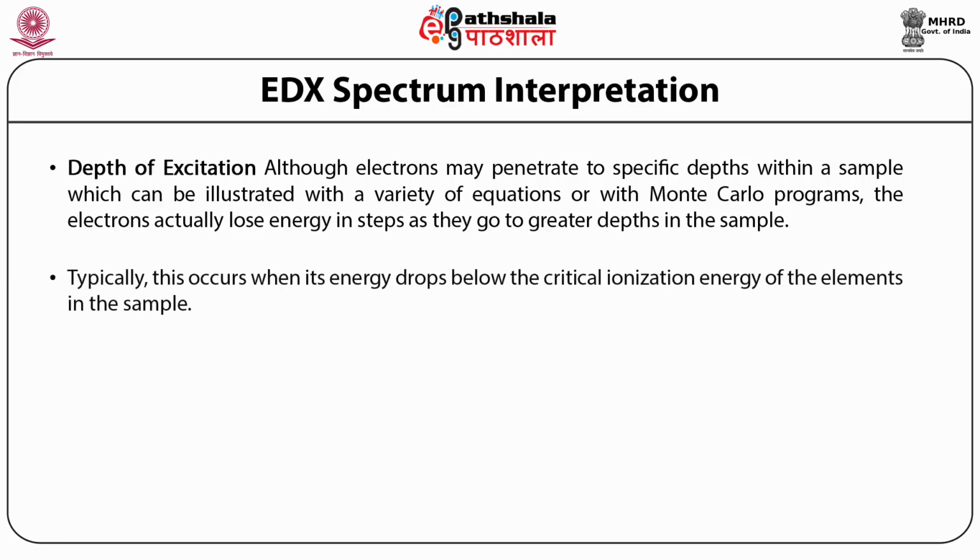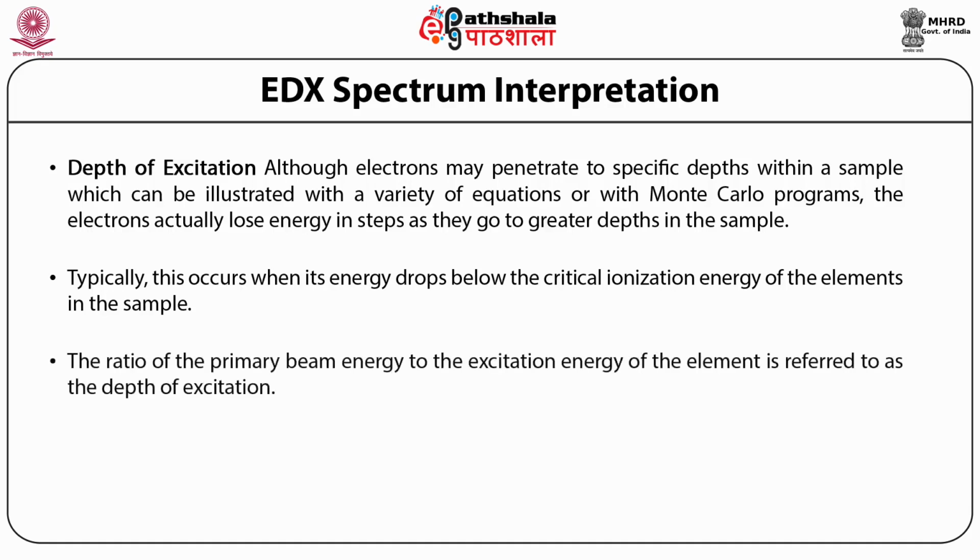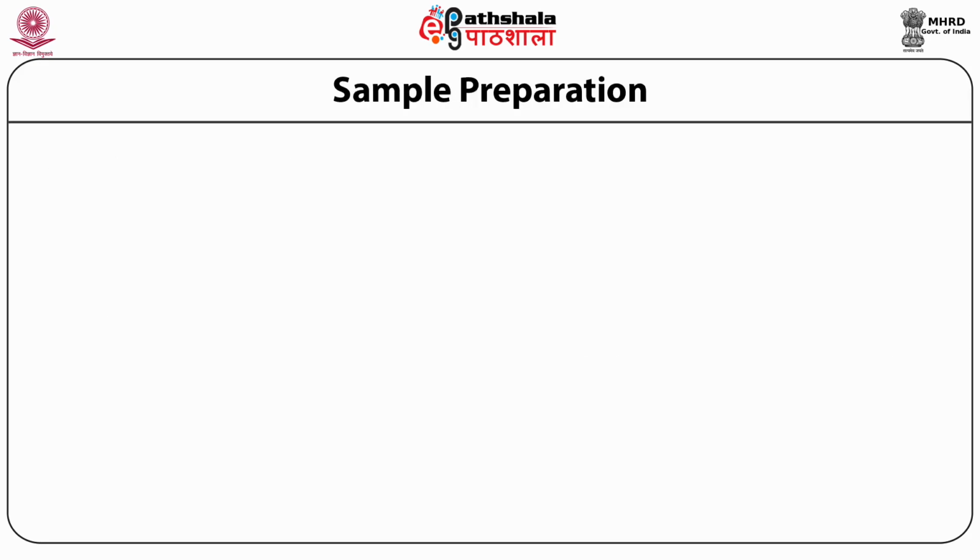Typically, this occurs when its energy drops below the critical ionization energy of the elements in the sample. Each element within the sample will have its own critical ionization energy and its own excitation depth. The ratio of the primary beam energy to the excitation energy of the element is referred to as the depth of excitation.